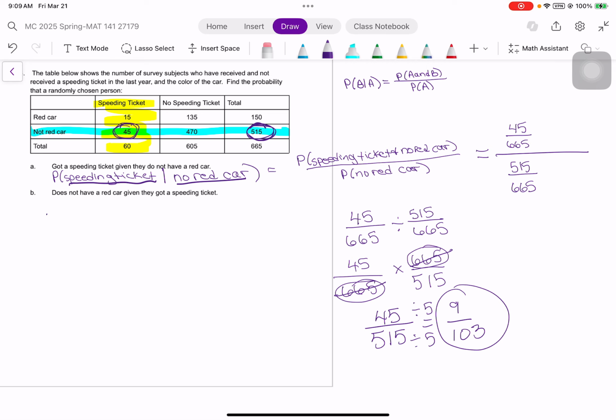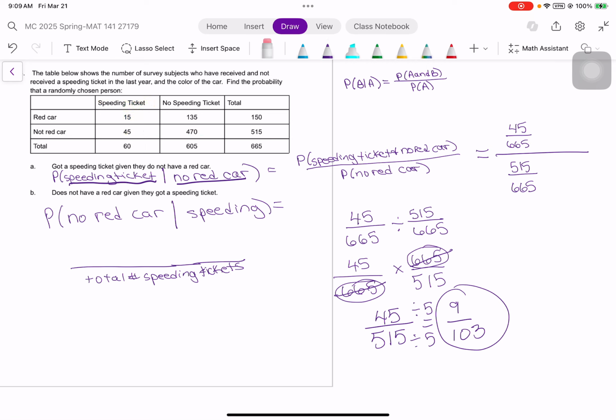Let's do part B and we'll do it the shorter way. No red car, so does not have a red car, given that they got a speeding ticket. So this is going to be different, right? So this time, if I use the shortcut, what I want is the total number of speeding tickets in my denominator, because that's what's given. So let's look at that on our picture.